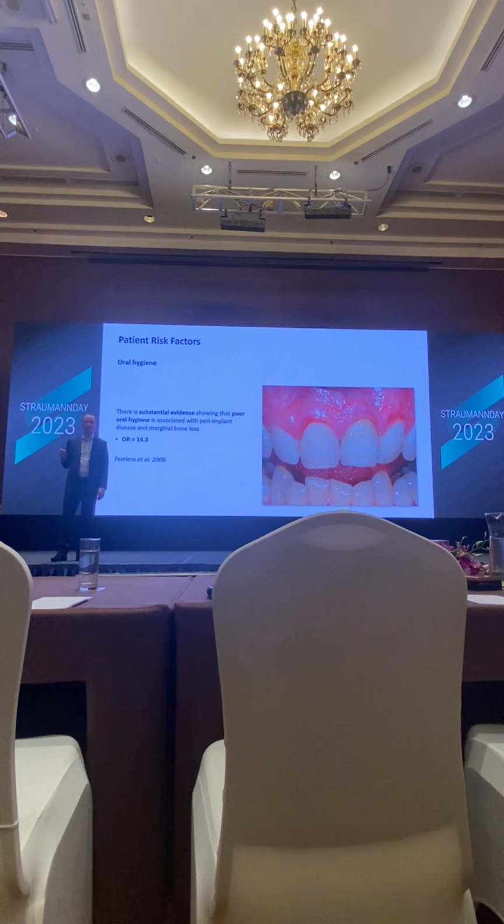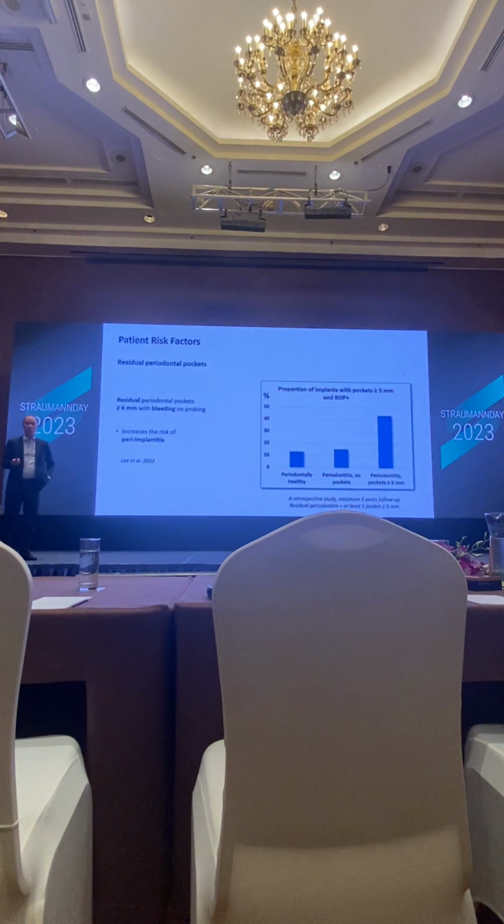So the odds are very high. Bottom line, if your patient is not compliant, whether they're a periodontal patient or not a periodontal patient, if they show no willingness to keep their own teeth clean, don't place implants on them, because they are a recipe for peri-implantitis. You have to have your patients understand this and cooperate.